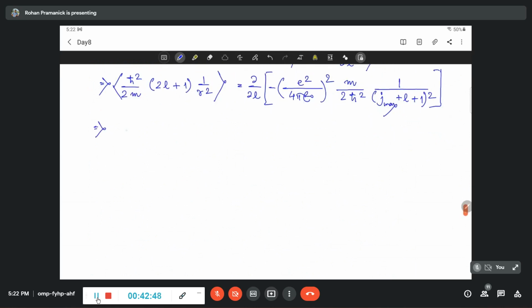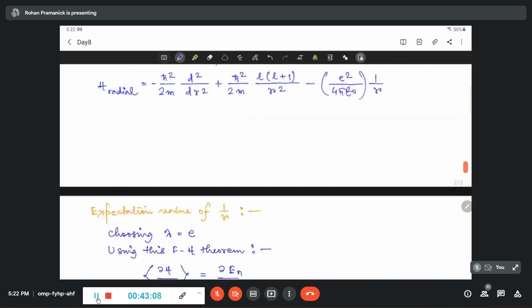So what we do? We extract out this part, 2L plus 1 by 2m h cut squared, and we need this 1 by r square expectation value. There is a minus. Okay.